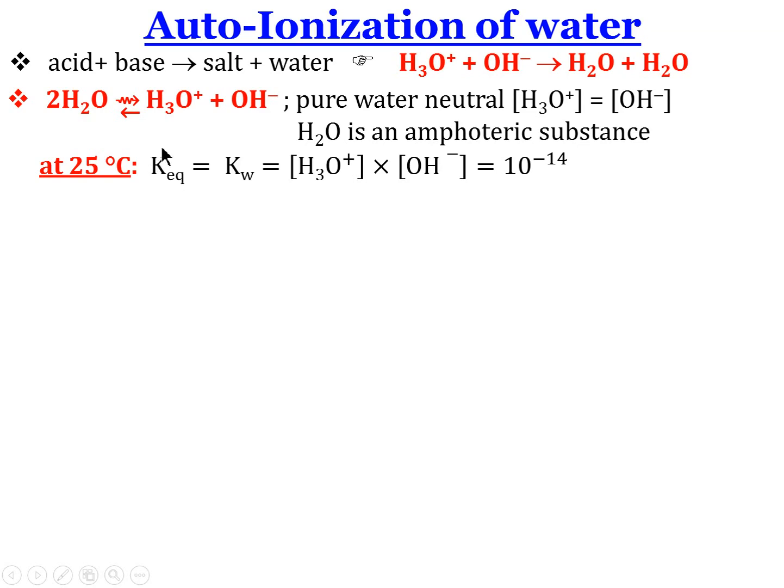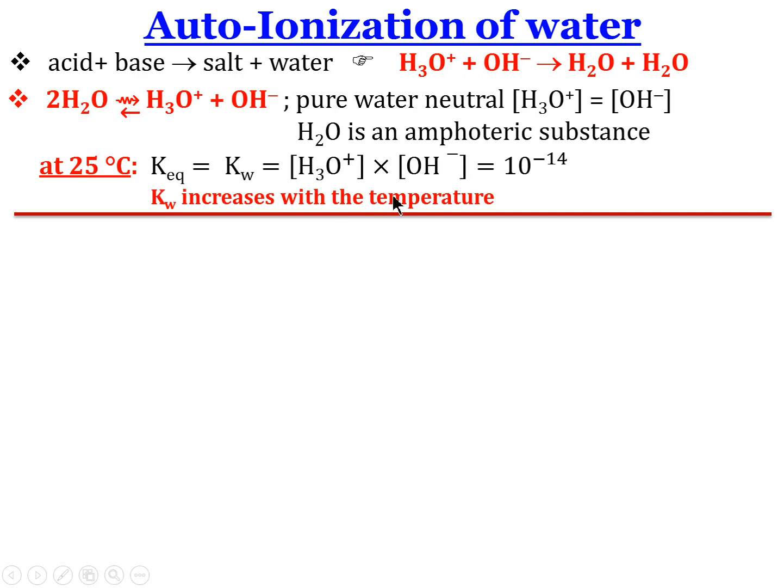K equilibrium is noted Kw, or the ionic product of water. Changing the temperature will change the value of Kw and also the concentrations of H3O plus and OH minus produced. As temperature increases, Kw increases.